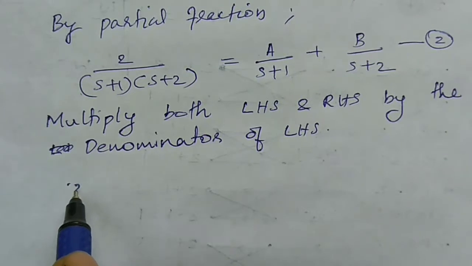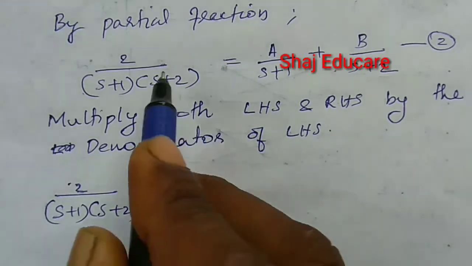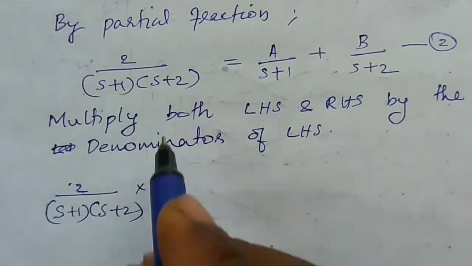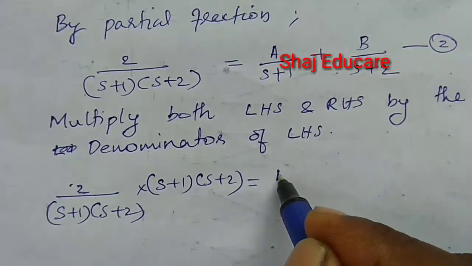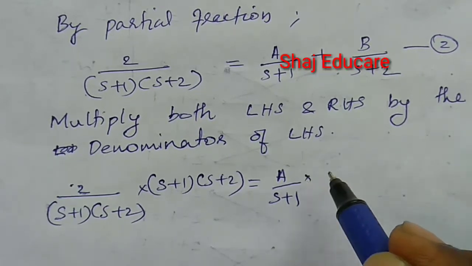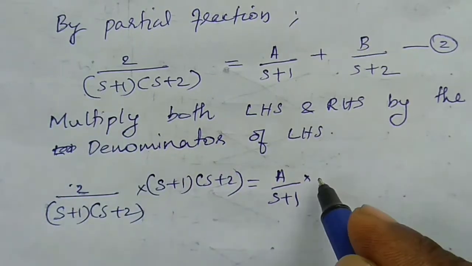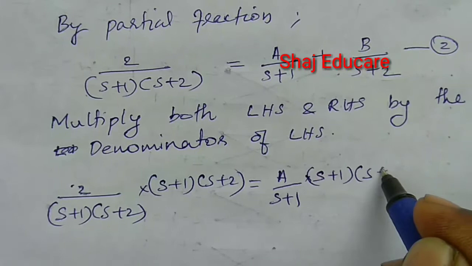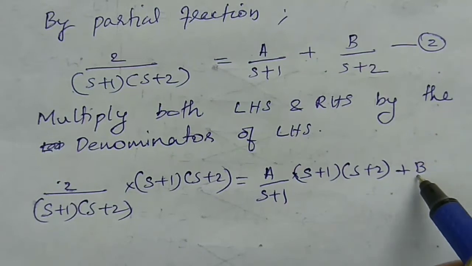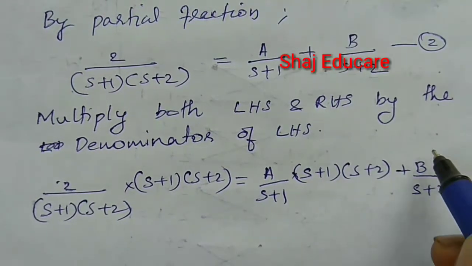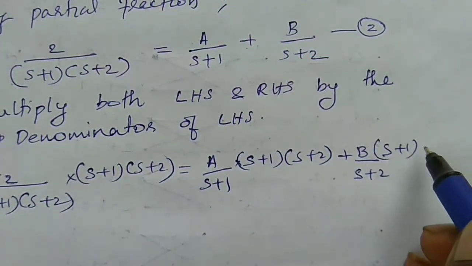Here we have 2 divided by (s + 1)(s + 2), now multiplied with the denominator (s + 1)(s + 2), which is equal to, in the RHS, A divided by s plus 1 into (s + 1)(s + 2), plus B divided by s plus 2 into (s + 1)(s + 2).